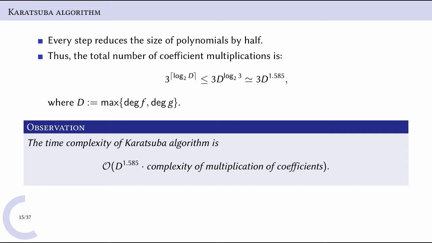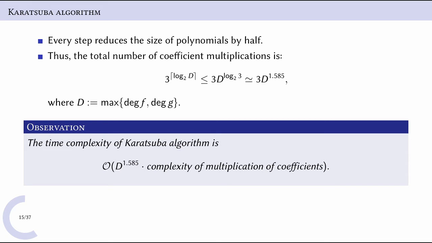Of course, like in many other places, there are also the constant factors that need to be taken into account. So for low degree polynomials, really the long multiplication will win because it generally has lower constant terms. But when the degrees are bigger and bigger, then the Karatsuba will eventually always beat the long multiplication.